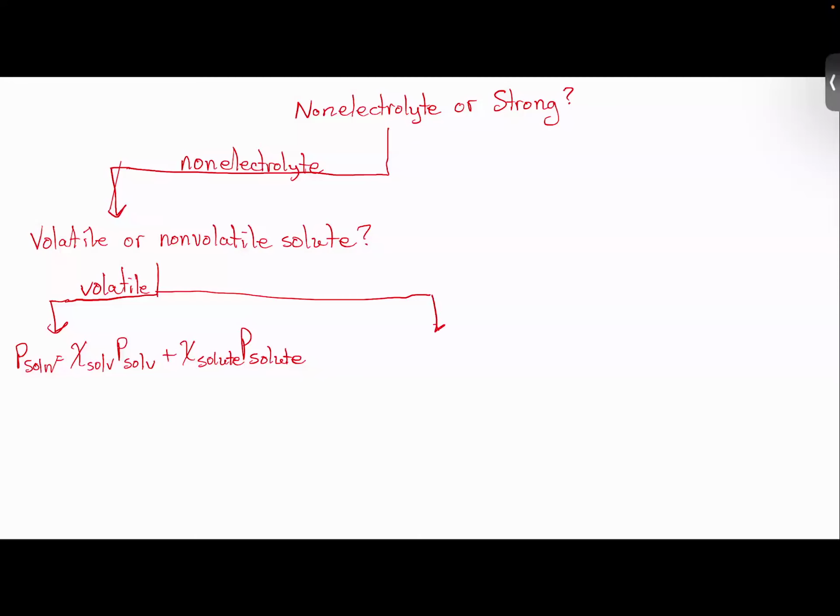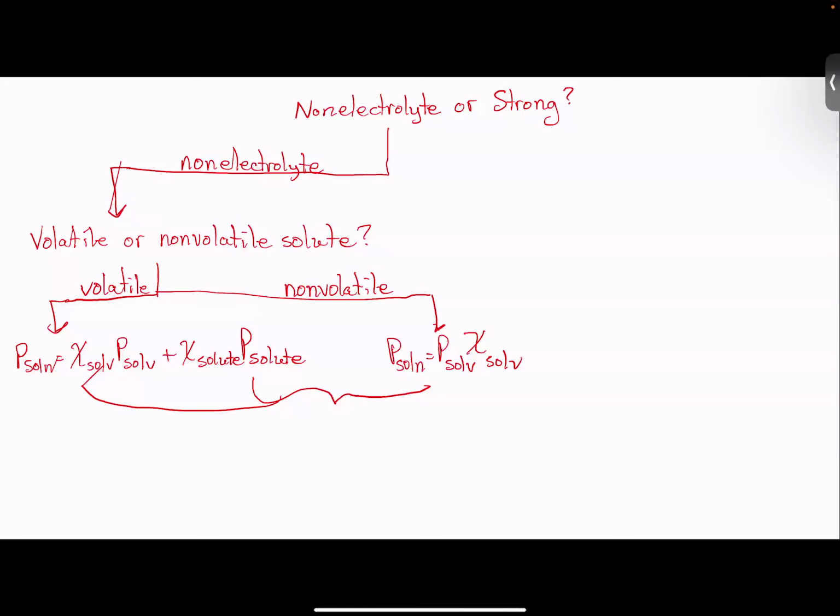If it's non-volatile, then it's simply P of the solution is equal to P of the solvent times the mole fraction. No matter which of these that you're dealing with, delta Tb is equal to molality times Kb, and delta Tf is equal to molality times Kf.